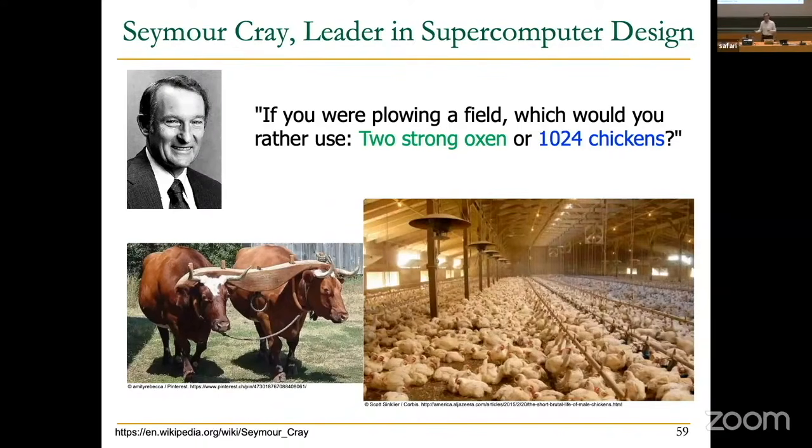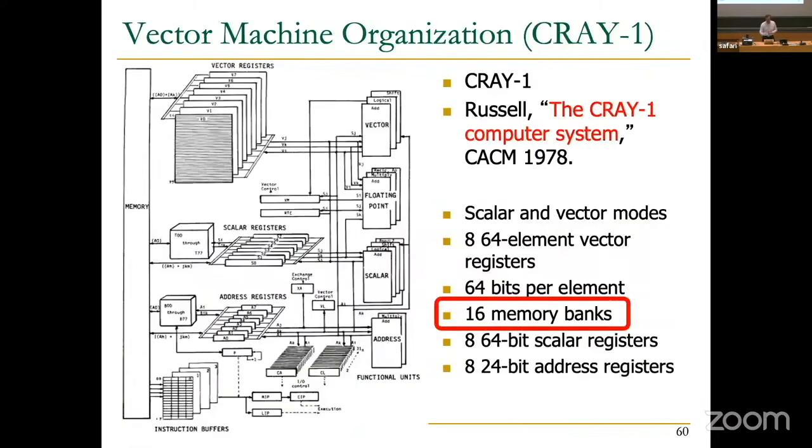So it's good to think about this picture when you have a problem at hand, right? What do you use? What kind of processor do you use? Vector processors try to do this, and heavy out-of-order superscalar processors may be trying to do this, right? Anyway, but Seymour Cray was a smart person, or the designers of early supercomputers were smart people, so they actually designed both. They wanted to have both chickens as well as the strong oxen.